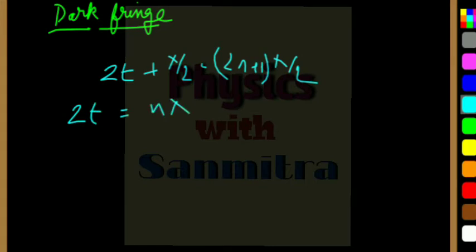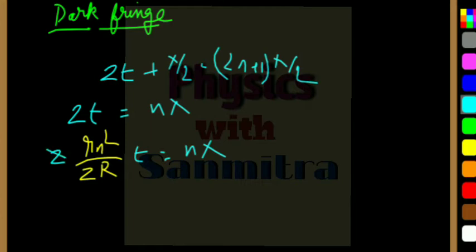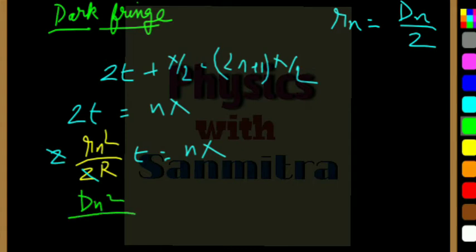We can replace this t by rn square by 2R, so 2 into rn square by 2 into capital R is equal to n lambda. Now this 2 and 2 will cancel out. This rn we can write as dn by 2, that is the diameter by 2. So we can replace it by dn squared by 4R is equal to n lambda.